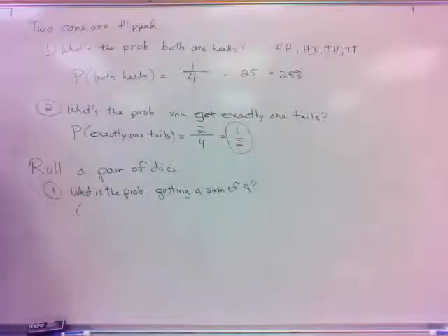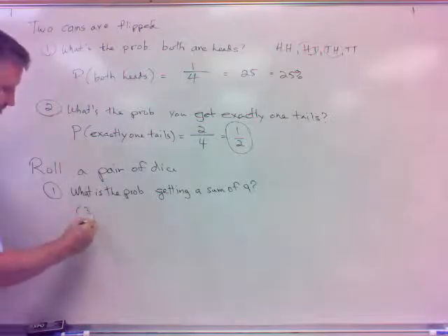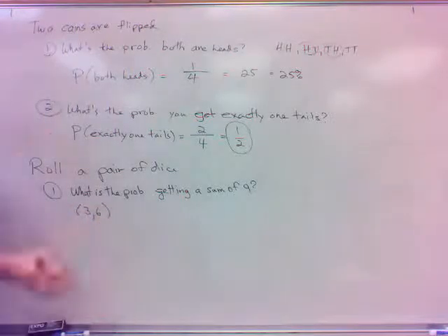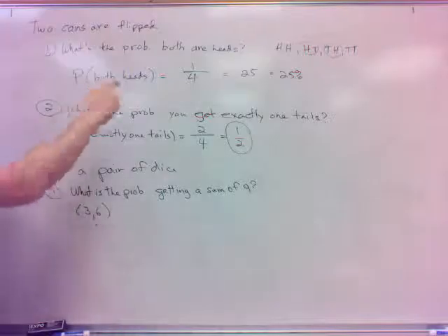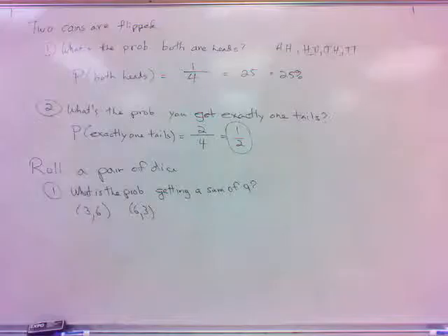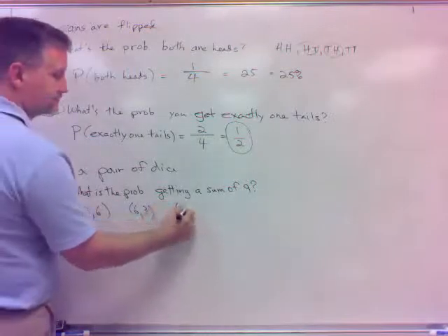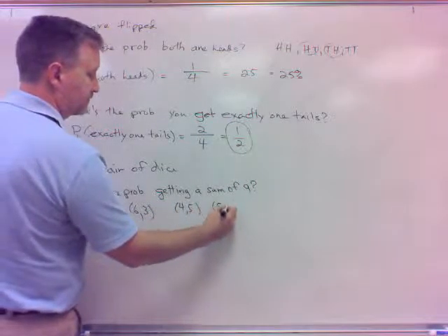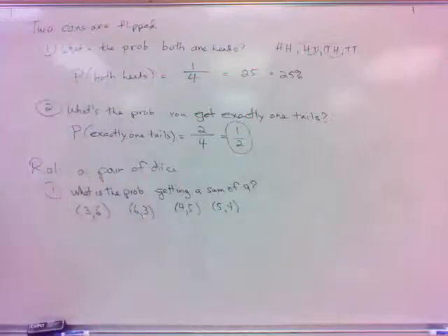So, one possibility for getting a sum of 9 would be 3 and 6. And then reverse that, just like the heads and tails. That would be another one, 6 and 3. And then 4 and 5, along with 5 and 4. So don't forget to reverse them. And I think that's about it, because 2 and 7 would not be a possibility because you can only go up to 6. And 1 and 8, same thing. Okay, so there's 4 of them.